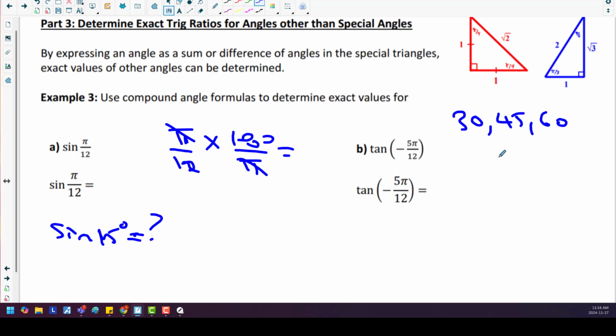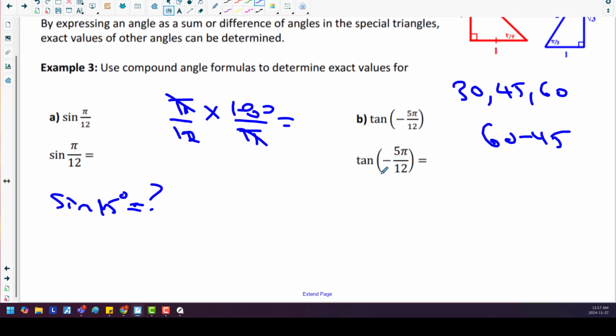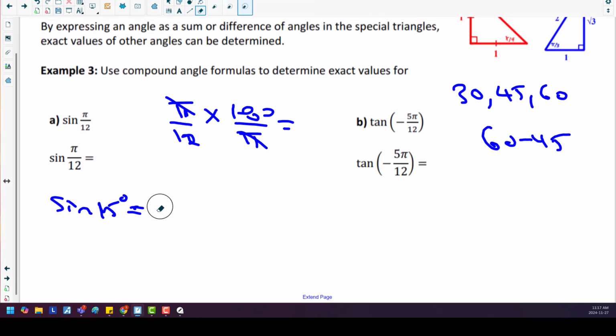There's actually more than one way you can do this. You can do 60 minus 45, right? Or you can do 45 minus 30. Both will give you an angle of 15 degrees. The reason why I'm doing this is because with compound angle formulas, we can rewrite sine of 15 degrees as sine of bracket 60 minus 45.